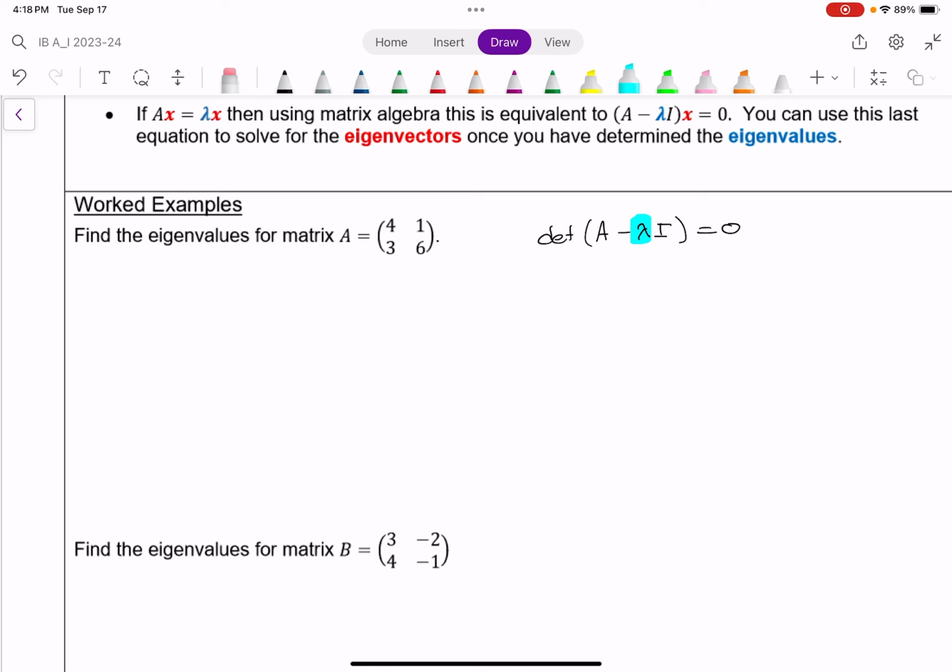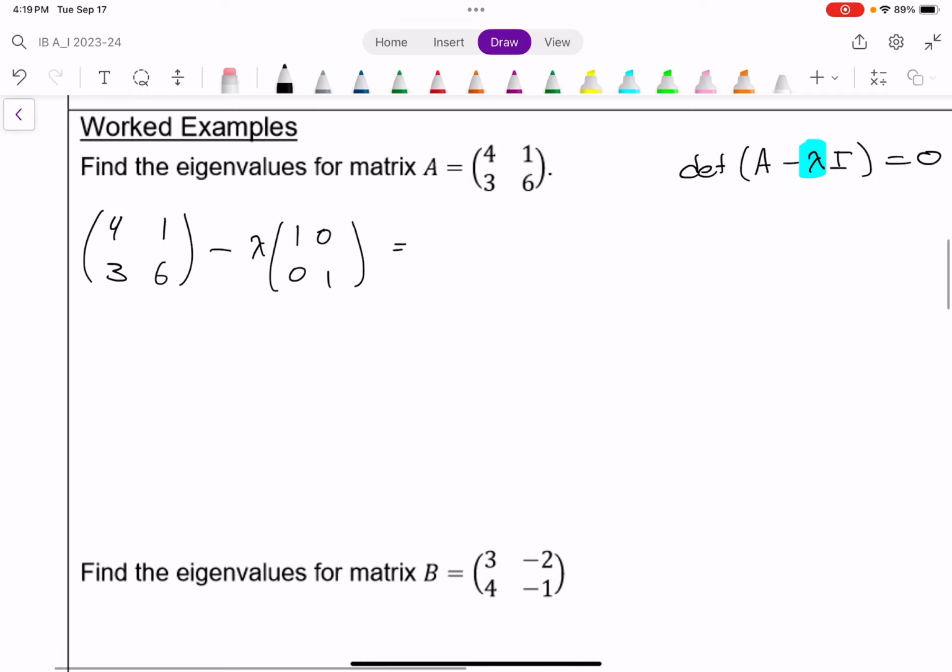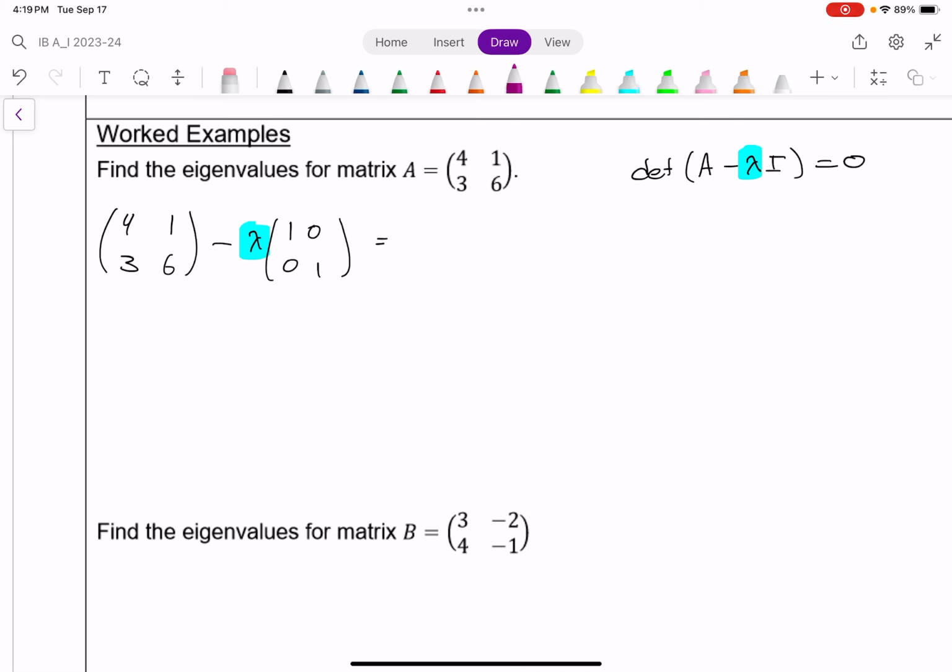Well, first, A is just [4 1; 3 6], so I'll write this down here, [4 1; 3 6], subtracted by, this is what we're trying to figure out, an eigenvalue lambda, times the identity matrix. An identity matrix for a 2x2 is just 1, 1 on the diagonal. Maybe before I do the subtraction, I'll write out what this is.